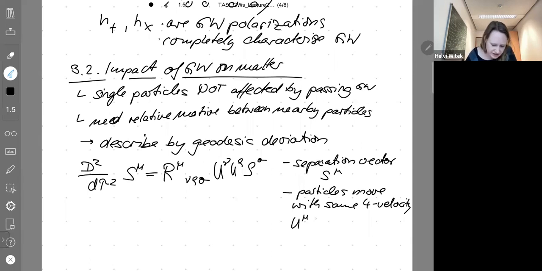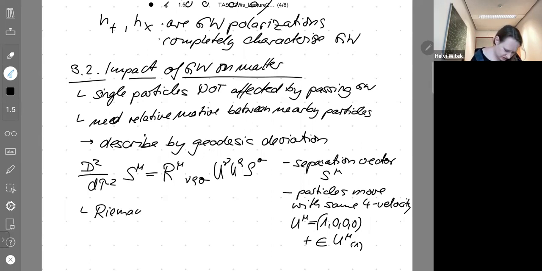What I mean by that is that we will take the 4-velocity to be (1, 0, 0, 0), which describes a particle at rest, plus a small perturbation epsilon u^μ. Let me label that as 1. Now let's also remind ourselves, and again I will give you the final result, of the Riemann tensor in the TT gauge.